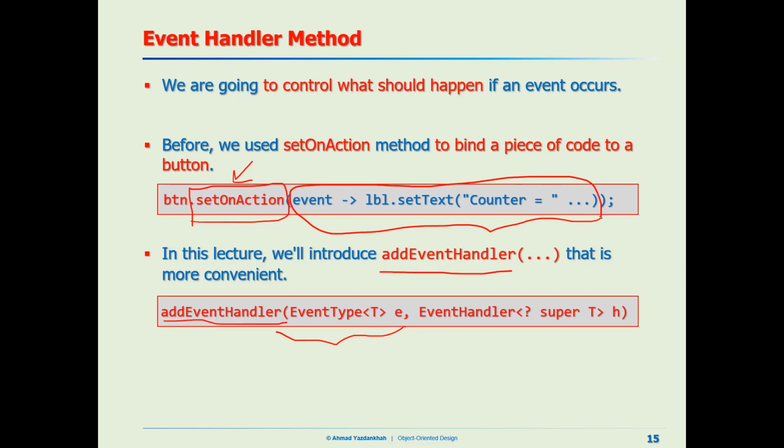In the first argument, you say what type of event you are going to handle, and in the second argument, you put your piece of code. All right. Let me take an example and show you a live demo.